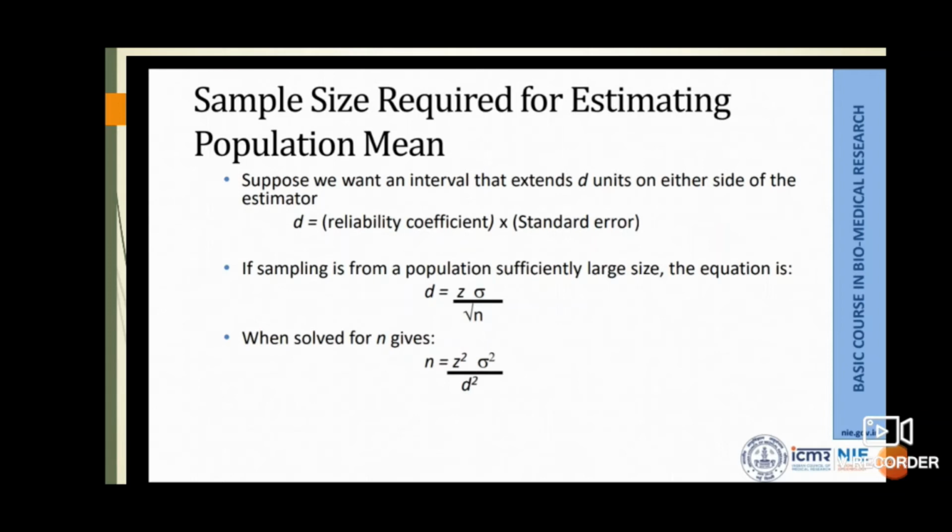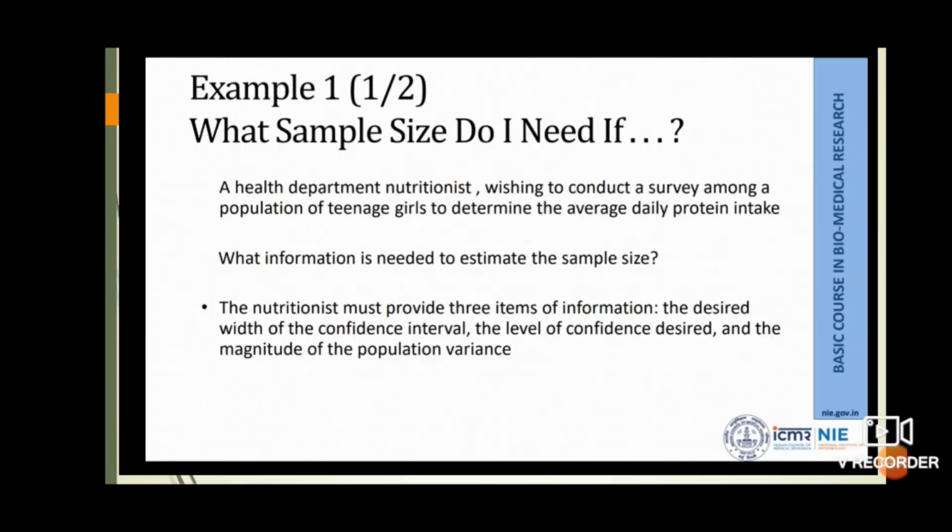So from here we derived that n is equal to, as it is in the square root, we have to square all those values. That is how we derive this equation. And here, what is the d? d is nothing but the product of the reliability coefficient and the standard error.